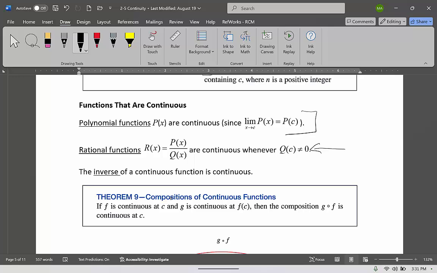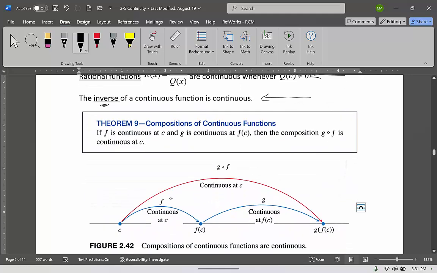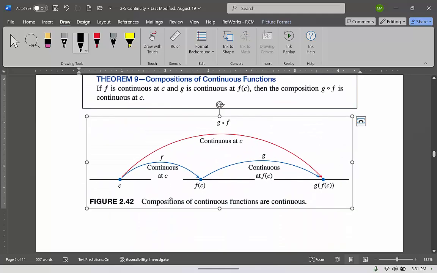And lastly, if I know that one function is continuous, then its inverse function is also going to be continuous. And then this last theorem here basically says if I have the composite function of two continuous functions, then that composite function will also be continuous.